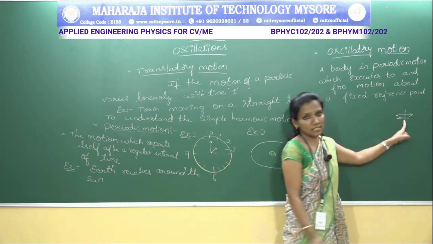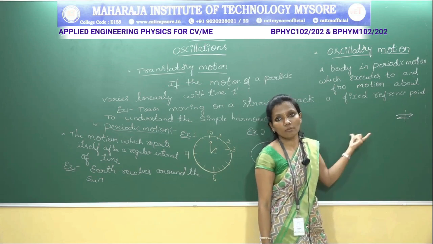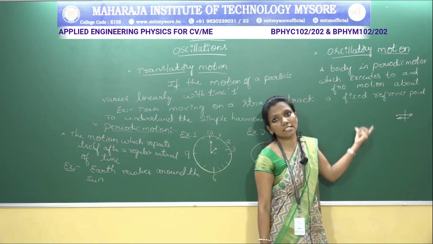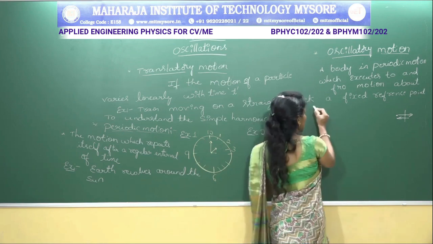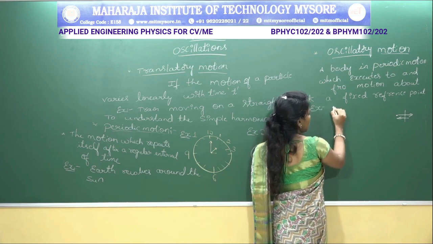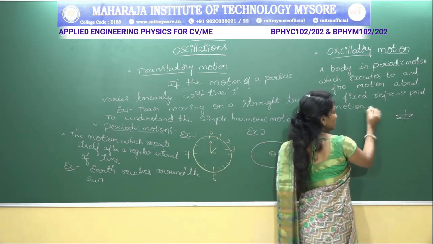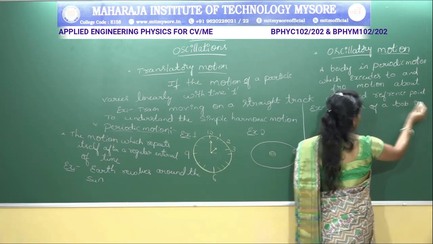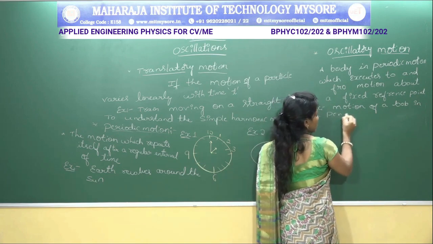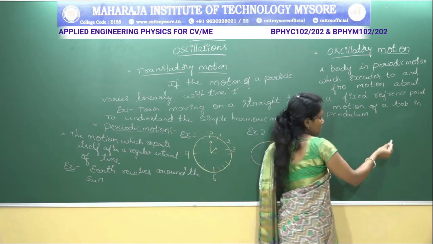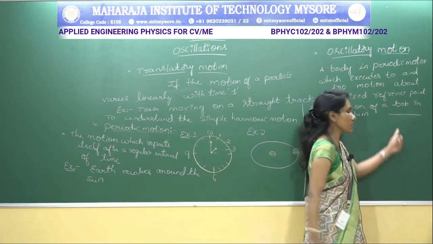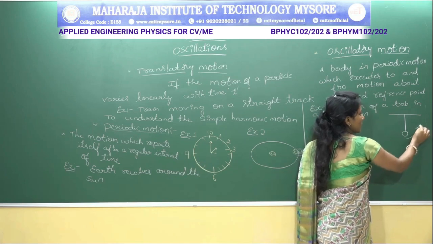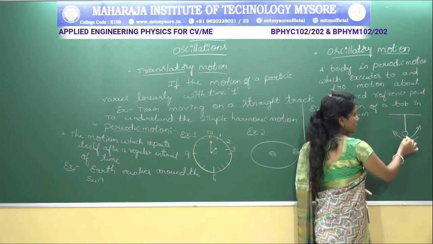The best examples of motion about a fixed reference are the motion of a bob in a pendulum, and a spring which is attached with a mass. Example: motion of a bob in a pendulum. If one end is fixed and the other end is free, it will make an oscillation about this fixed point.